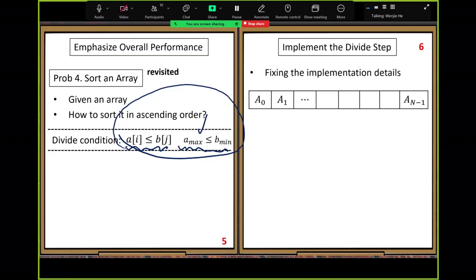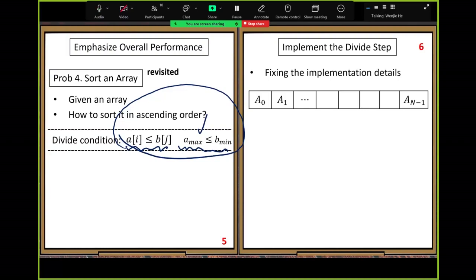You're allowed to move the elements around. That's the meaning of the split here, okay? Because if you are not allowed to move elements around, then it may not be possible, right?